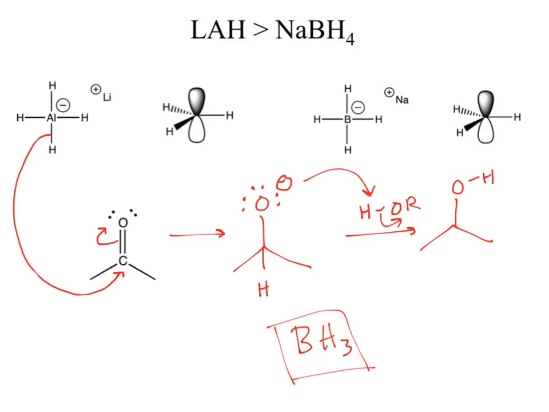Both the BH3 and our aluminum H3 still have the potential to react again. That aluminum hydrogen bond is not particularly stable even when we've moved to this state, because remember, officially we could coordinate the oxygen to that, which means every time we add BH4, there are 4 hydrides that can react.